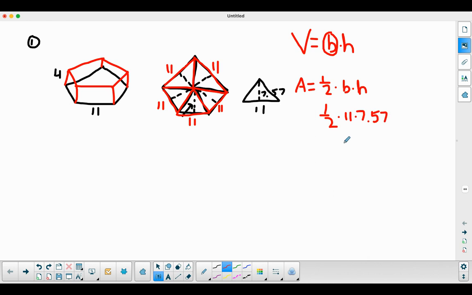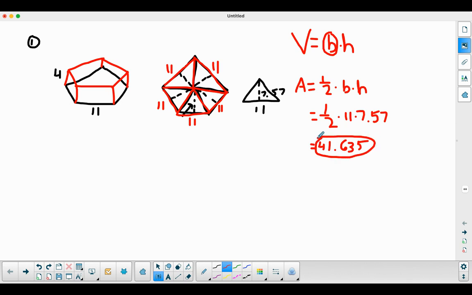So when I multiply those together, it's going to equal 41.635. So that is the area for one of those triangles.